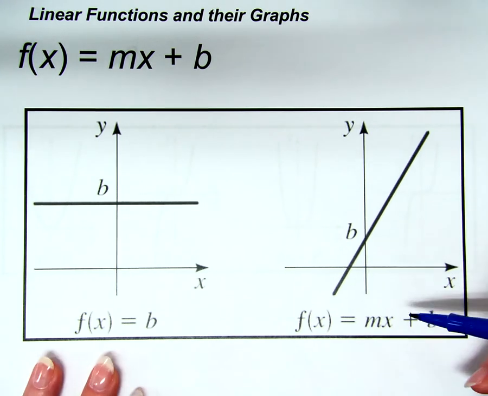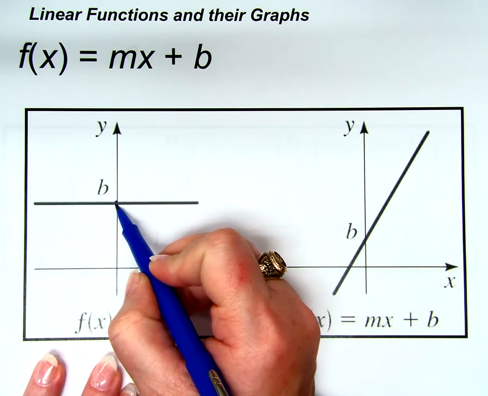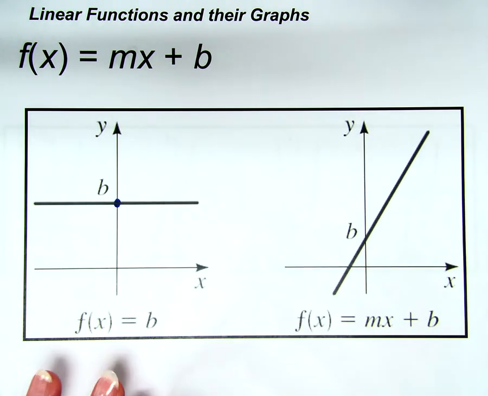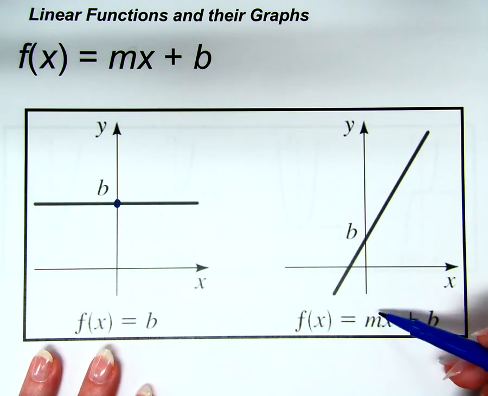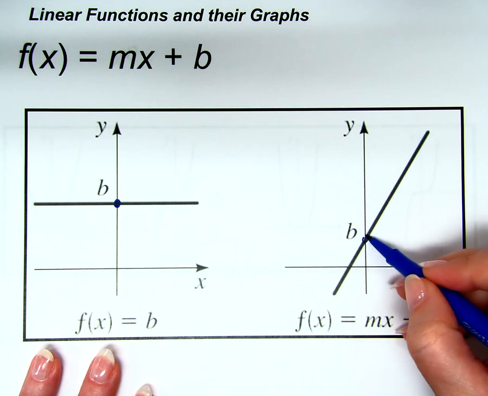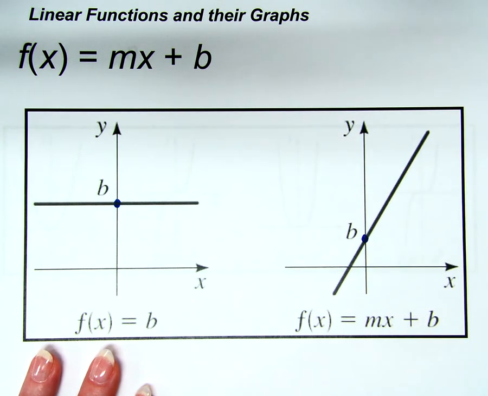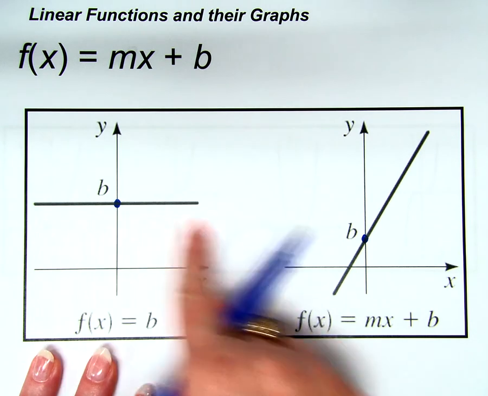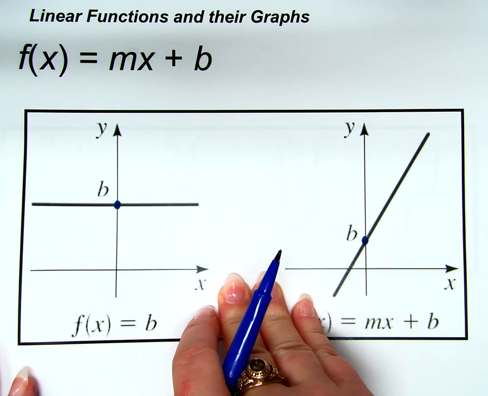Now, b would be the intercept. That's how we name it. It's like which axis is it crossing and where. Now this one's different because it has mx plus b. It has a slope. It has b. b is the intercept where it crosses the axis. Only difference is this has a slope. This one doesn't. It's zero slope. Okay?